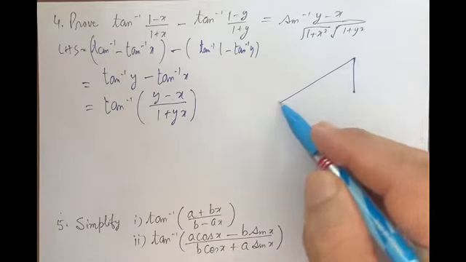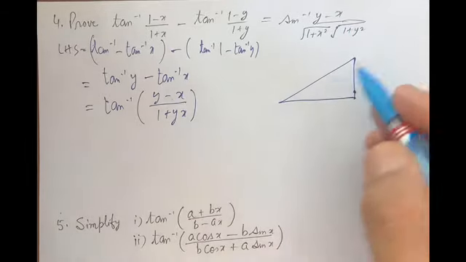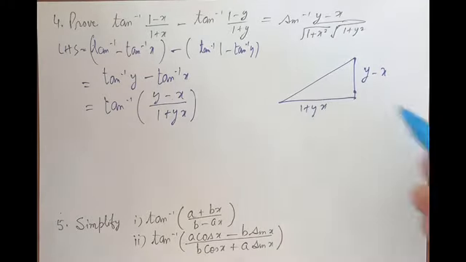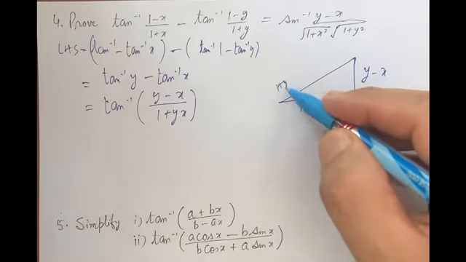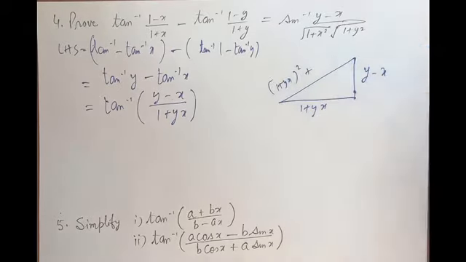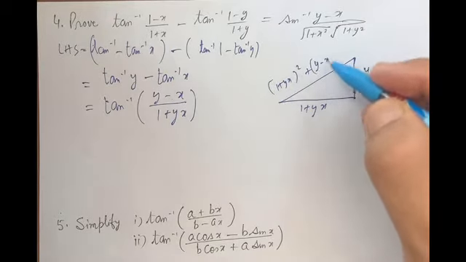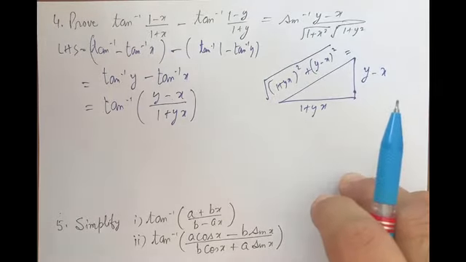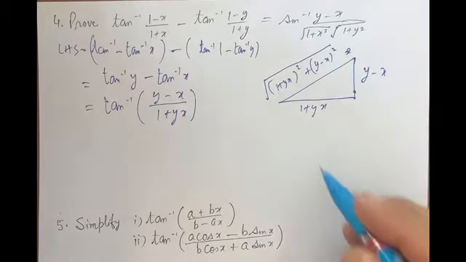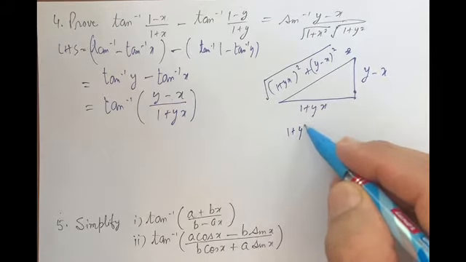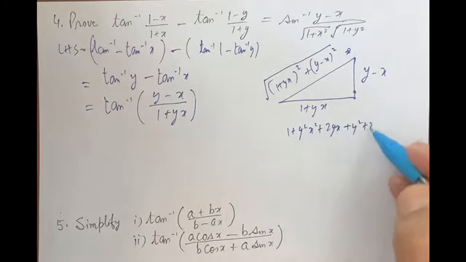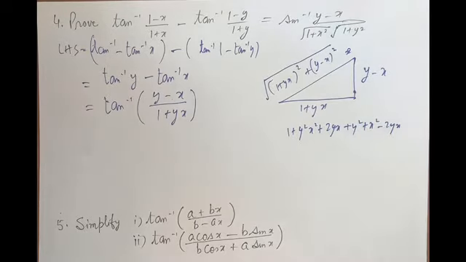Now we have to change this to sin inverse. So draw a triangle in which this side is y minus x, this is 1 plus yx. This side, using Pythagoras theorem, this is, okay, let's find it here, 1 plus y square x square plus 2yx plus y square plus x square minus 2yx.